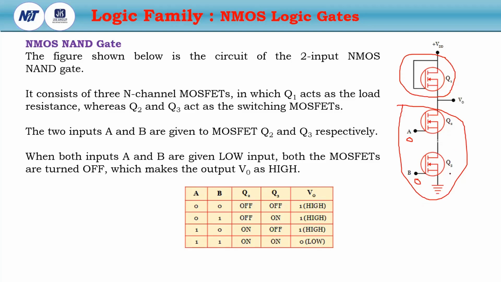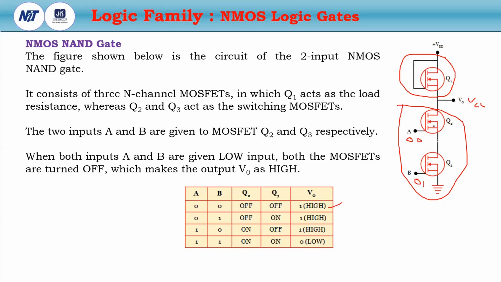For this reason we will get V0 as VCC, because Q1 is always turned on. So at that node, the voltage is always VDD. So now this is VCC or VDD, and we will get the output at logic high. Now if any one of these, suppose this is 0, this is 1.